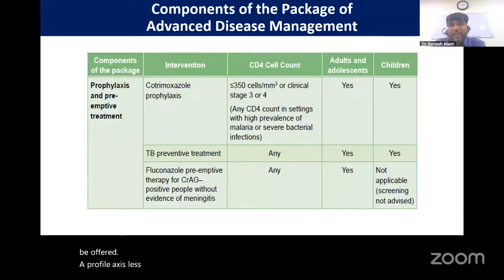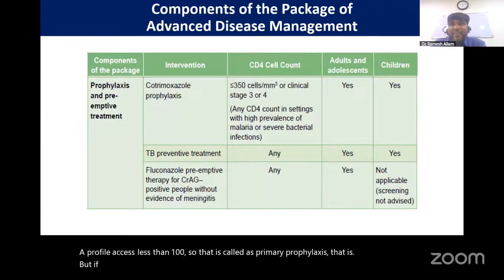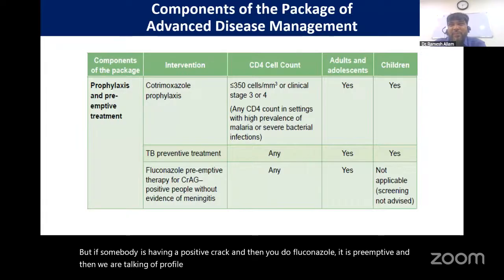So that is called primary prophylaxis. But if somebody has a positive CrAg and you give fluconazole, it is preemptive. When we talk of prophylaxis, even without any disease, just depending upon CD4 count or any other marker, you are starting it, that is prophylaxis.